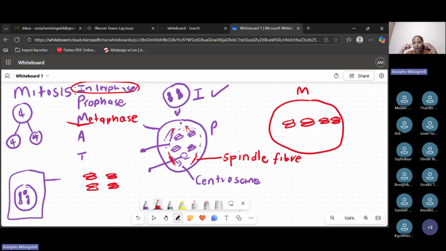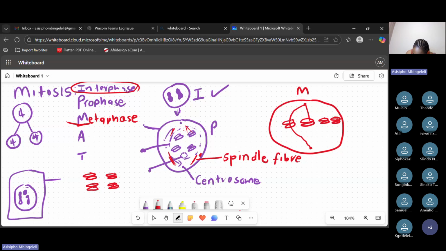But now, what's holding these chromosomes in the middle of the equator? Remember those spindle fibers that we formed in prophase? Remember we said the centrosomal centriole moves to opposite poles, and once it does that, the spindle fibers will be formed. There's a centriole, there's another centriole. They are going to hold the chromosomes in position.